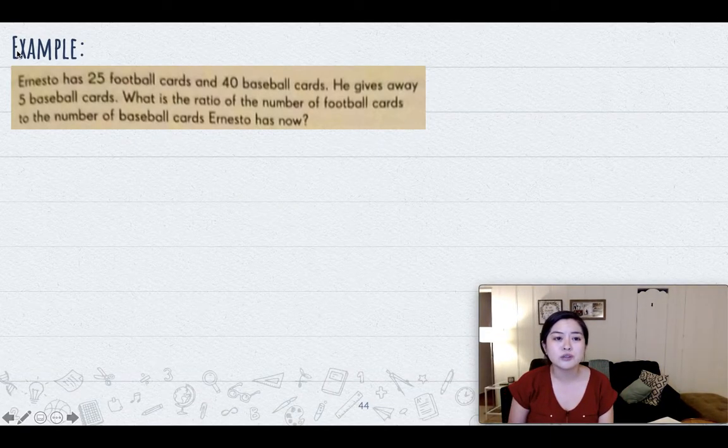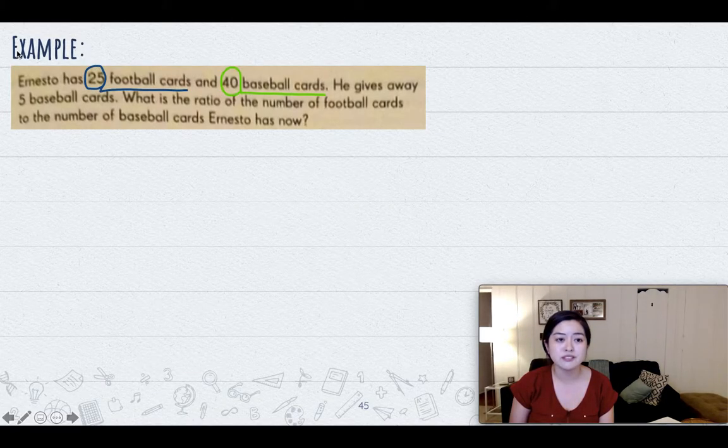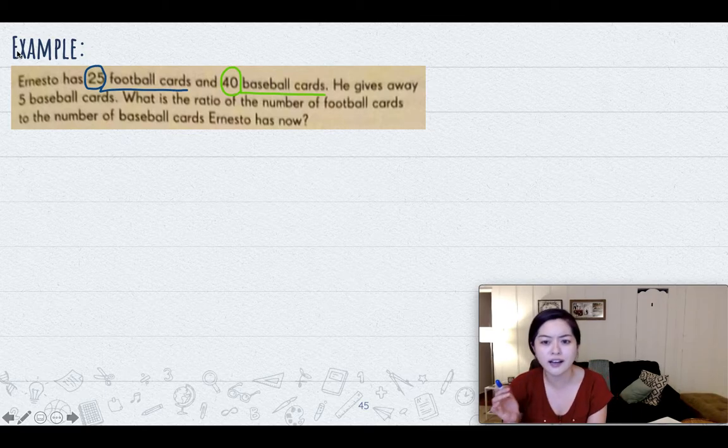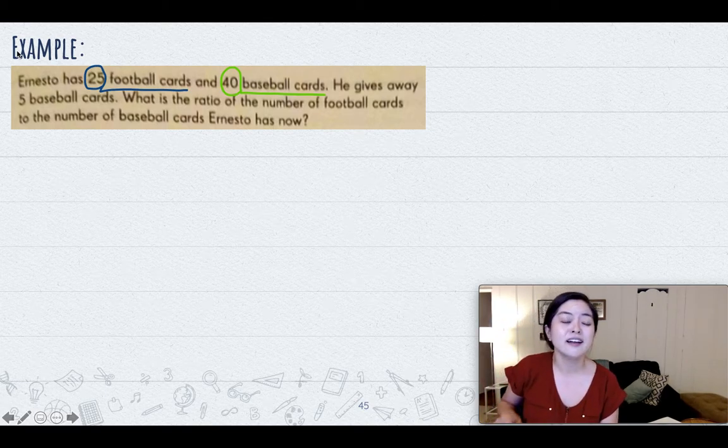Ernesto has 25 football cards and 40 baseball cards. He gives away 5 baseball cards. What is the ratio of the number of football cards to the number of baseball cards Ernesto has now? Well, let's see. I'm going to underline and highlight important information that might help me organize my thoughts, okay?